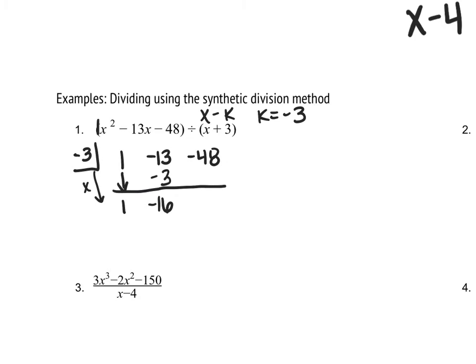And then -3 times -16, so we're going to repeat that process again. So we're going to do -3 times -16, and that's going to give me positive 48. So -48 plus 48 is 0, so my remainder for this one is 0 this time. So we do not have a remainder.